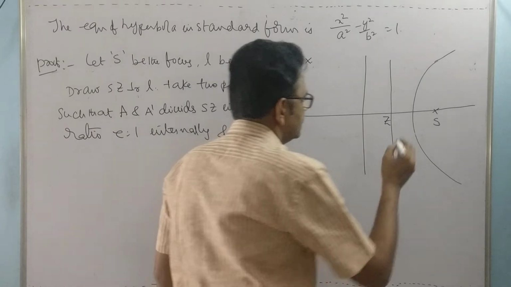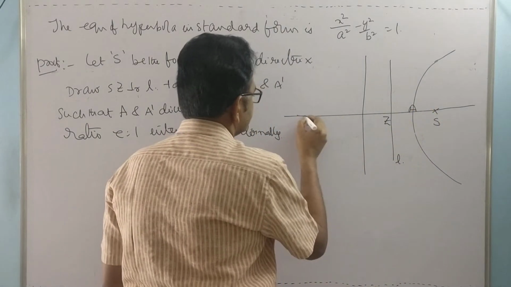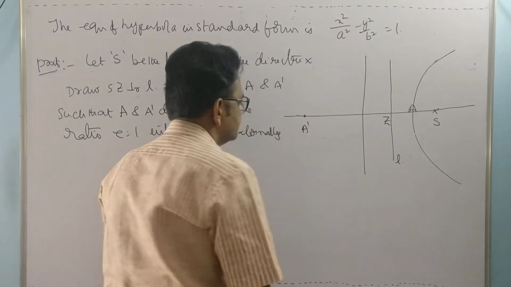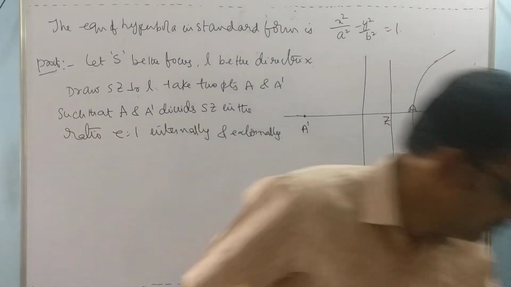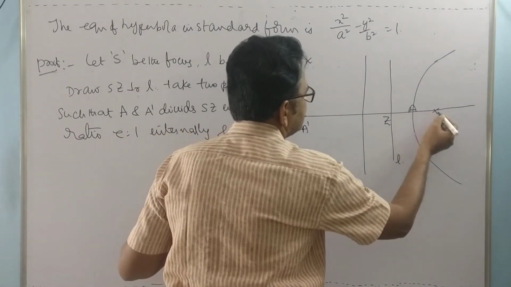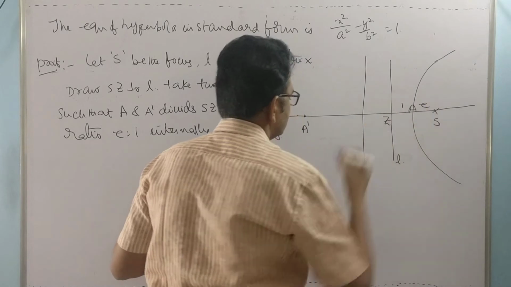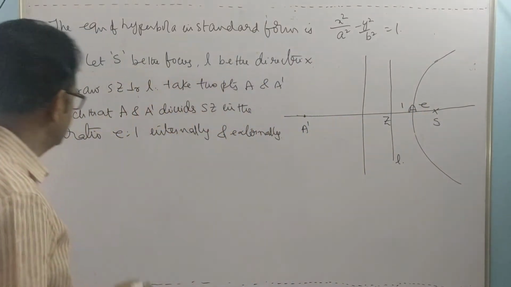This is A, and this is A dash. That means A divides SZ in the ratio e is to 1 internally, and A dash divides SZ in the ratio e is to 1 externally. That is, SA by AZ is equal to e by 1.